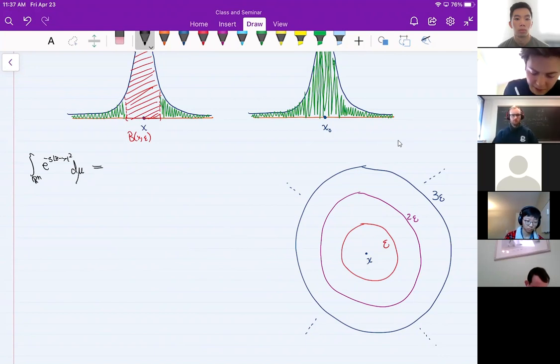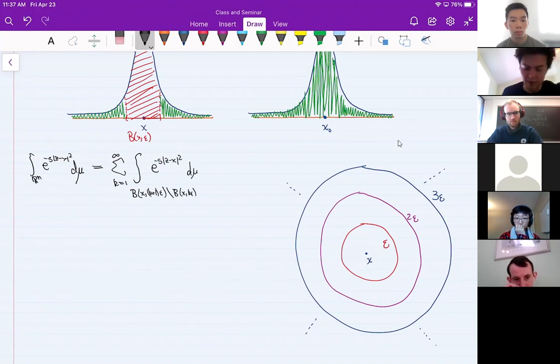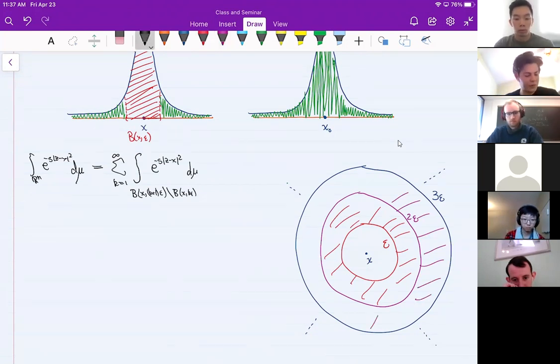I can write it as the sum from j equals 1 to infinity of the integral over annuli. I'm splitting the integral up into an integral over first this annulus, then over the next one, and so on. And I want to bound this above.